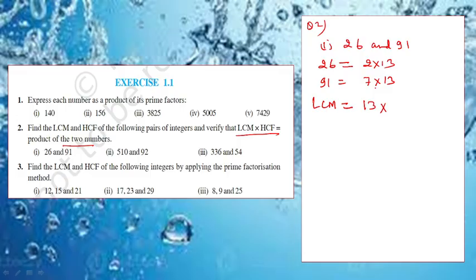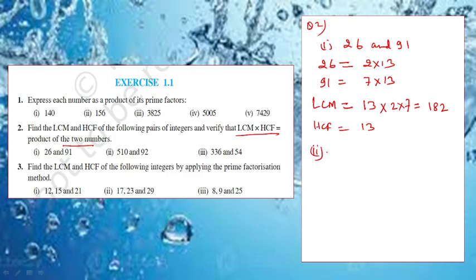Now the remaining factors 7 into 2, so 2 into 7, this also will get multiplied and you will be getting 182. Okay, LCM. HCF, highest common factor, so 13 is the highest common factor, HCF.